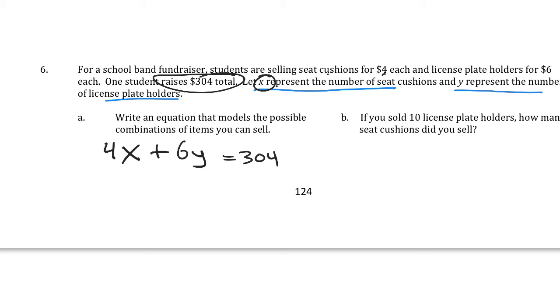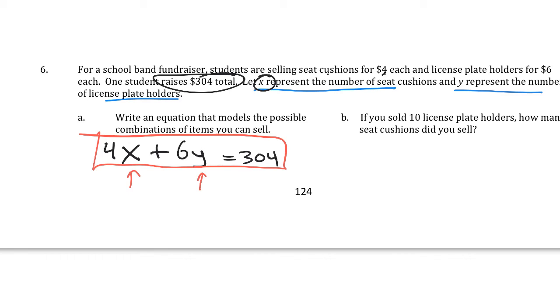So whatever combination it was of some number of seat cushions and some number of license plate holders, they got to add up to $304 when I multiply them by their prices. So that's my equation, and that's the one that happens to be in standard form.